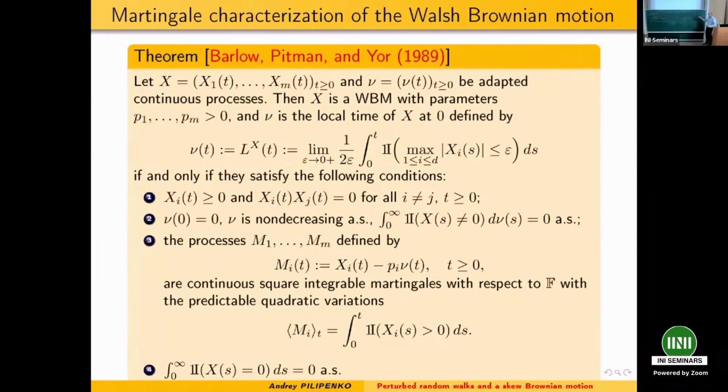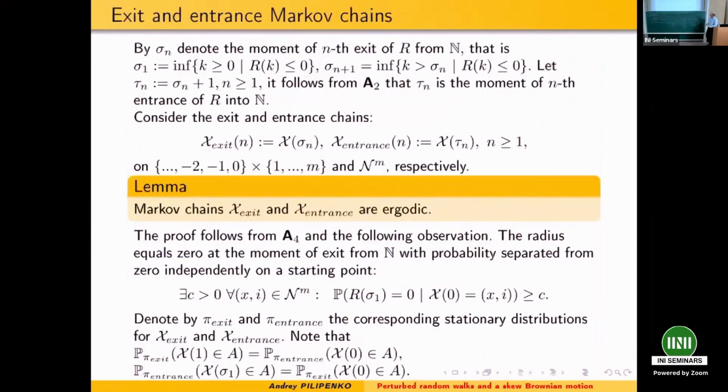Okay, and now let me explain how we can see the martingale and a local time from my assumptions. Let me make a picture. Instead of making a picture of 3 processes, I just make a picture of 1, but with different colors.